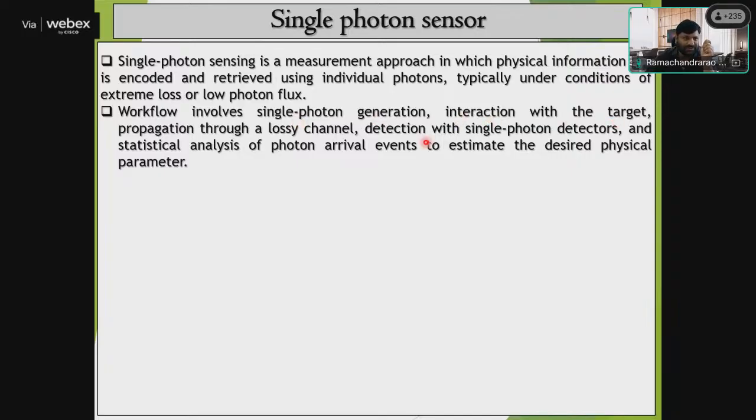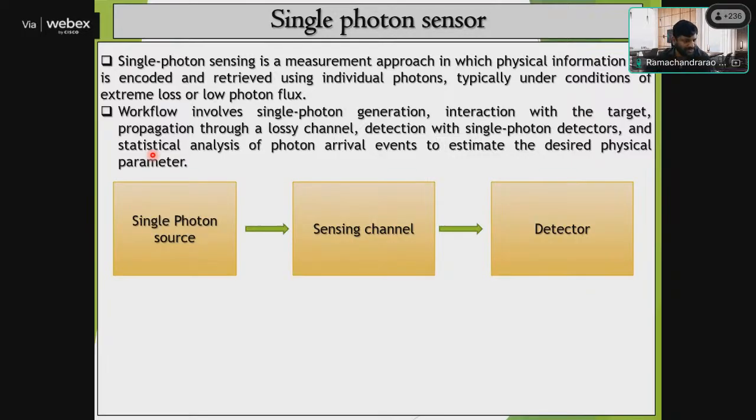Suppose you want to sense a biological sample or chemical sample or anything, it has to propagate through that channel, and you have to detect it with a single photon detector. Then you have to analyze the photon counts coming out of the sample, and estimate the required parameters. This is how it looks.